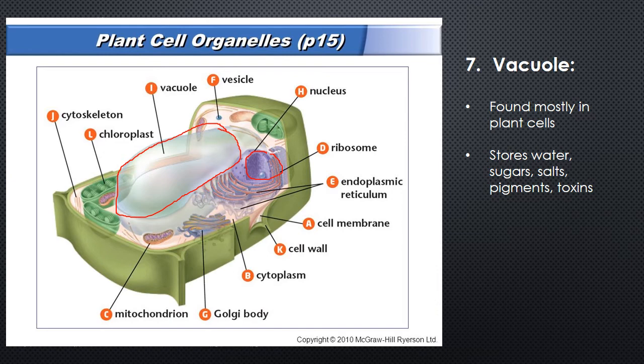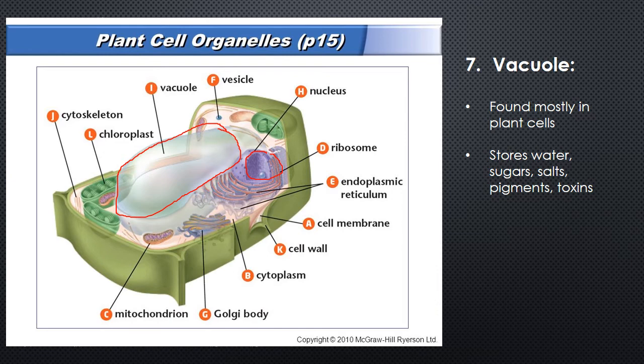But the big role of the central vacuole in a plant cell is for what we call turgor pressure. If you can imagine, if we took the water out of this vacuole, all the contents of that cell would kind of implode. And so the whole of a plant gets its turgor pressure, or its rigidity, from keeping water in that vacuole that holds the cytoplasm and pushes it out towards the cell walls.